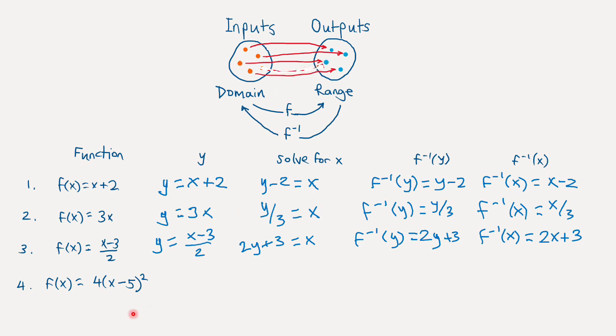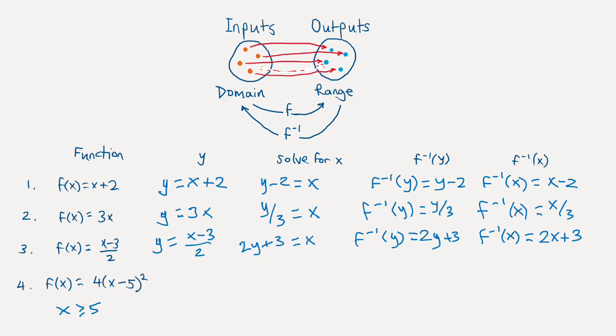So it's not a one-to-one function as written, but if we restrict the domain, similar to the way we erased that point in the diagram at the beginning of the video, so that x is greater than or equal to 5, then we do have a one-to-one function.